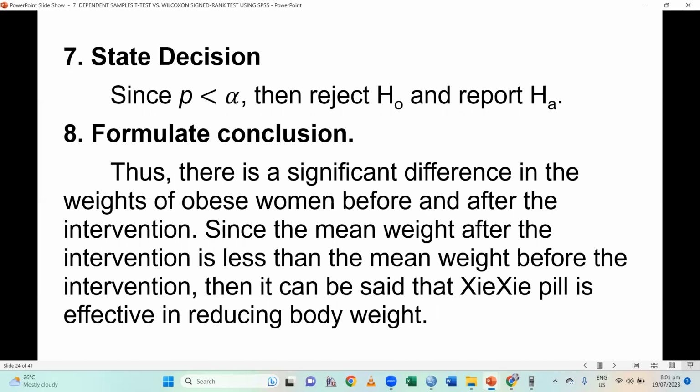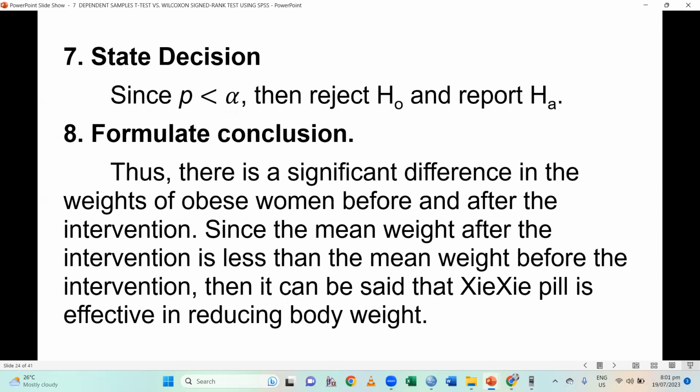That's why I copied the alternative hypothesis earlier and I had this as my conclusion. Thus, there is a significant difference in the weights of obese women before and after the intervention. Take note, if there's a significant difference, you should report which one is significantly lower or significantly higher, or whatever interpretation is appropriate for the data.